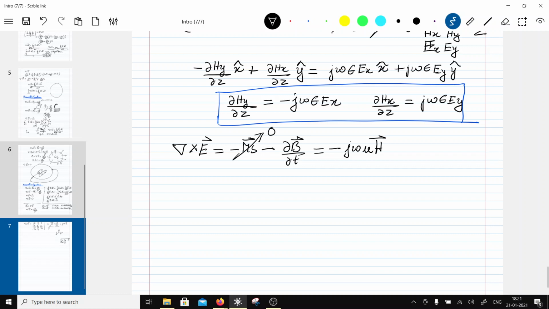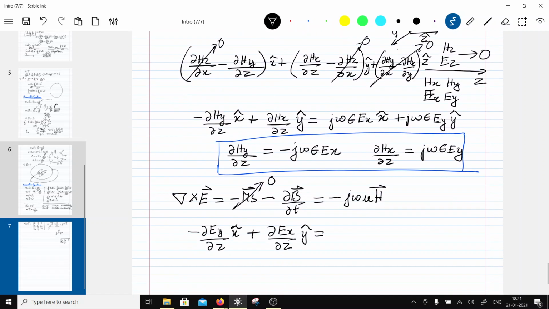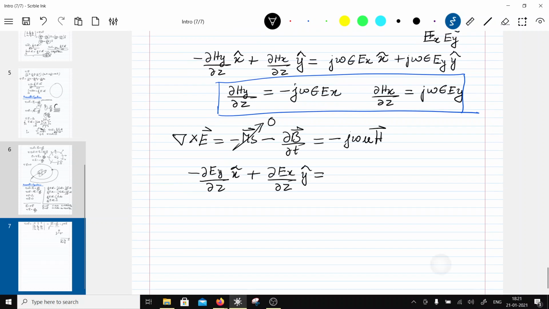So I would have the equation as ∂Ey/∂z in the x term plus ∂Ex/∂z in the y term, should be equal to minus jωμHx, this will be the x term, and minus jωμHy, and this will be the y term.